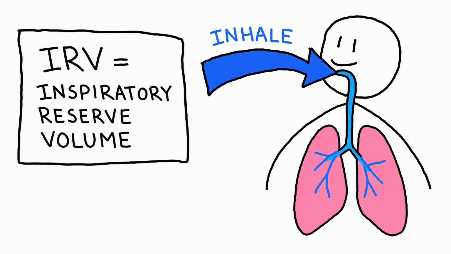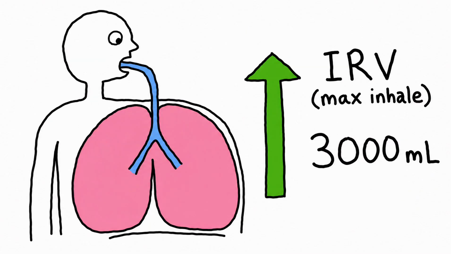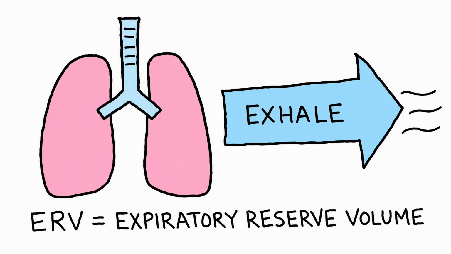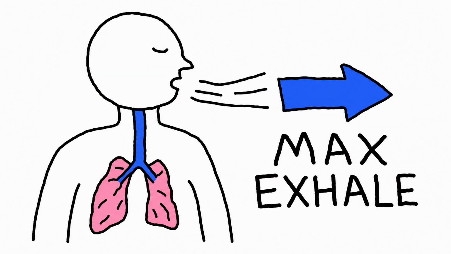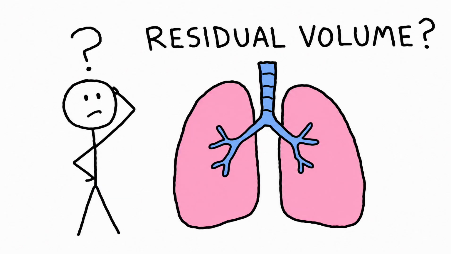Then you have the IRV, also known as the inspiratory reserve volume, which is going to be around 3,000 milliliters. That's just the maximum volume of air that can be inhaled at the beginning of a resting inspiration, versus the expiratory reserve volume, or the ERV, which is just the maximum amount of air that can be exhaled at a resting expiration.